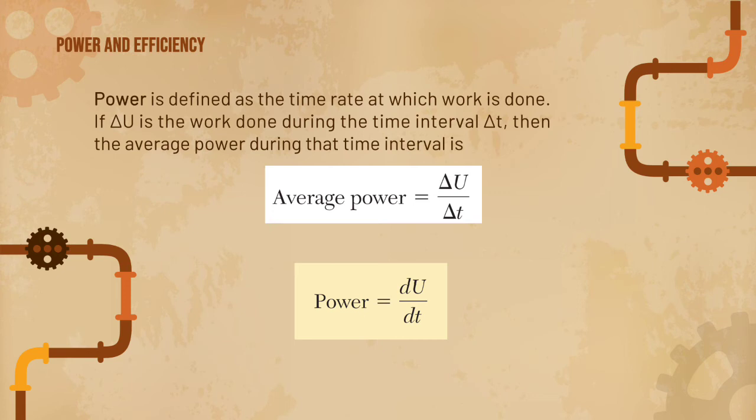If delta U is the work done during the time interval delta t, then the average power during that time interval is delta U over delta t. Letting delta t approach 0, we obtain in the limit power equals dU over dt.